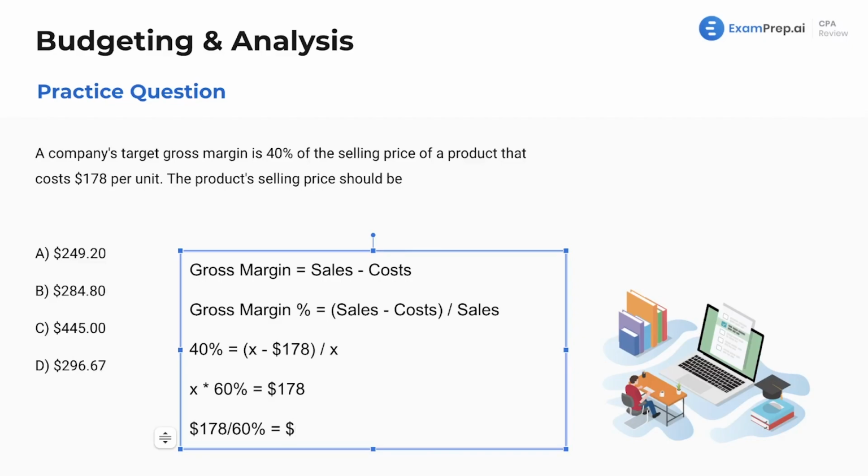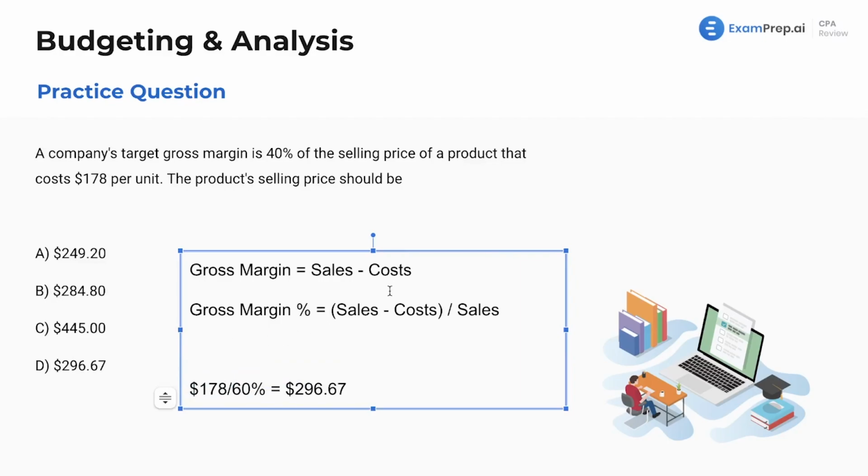That brings us to the number of 296.67, and that's our amount, right? That's our amount of sales. The product selling price should be what? This was a combination of formulas, knowing those formulas, writing them out, and being able to think outside the box a little bit. From here, I would for sure check yourself.